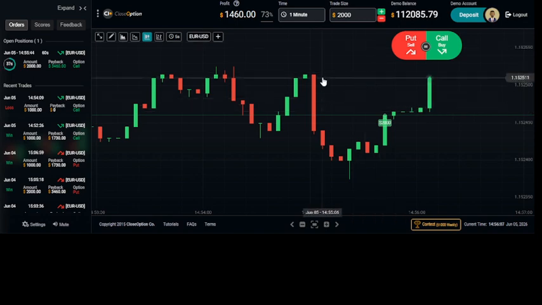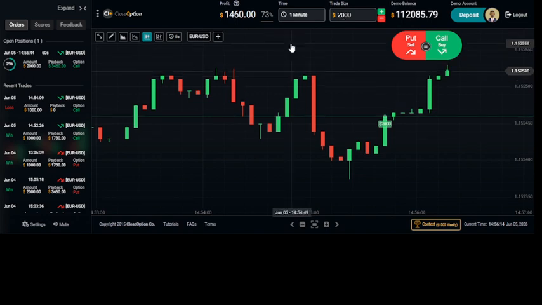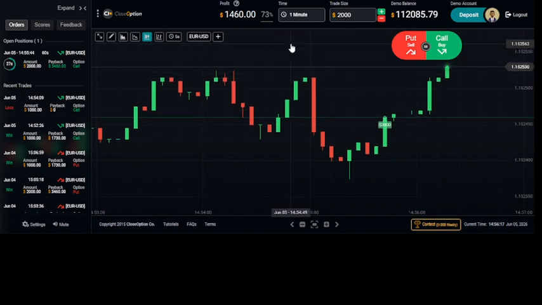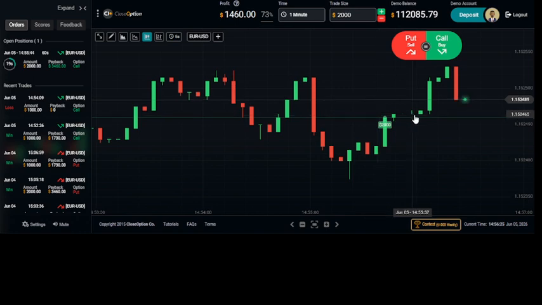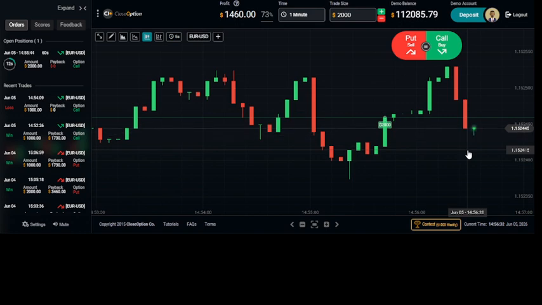So that's the martingale strategy. Now, if the trade wins, we're going to go back to $1,000 and continue trading. So let's monitor this trade. Currently, it's in our favor here. It's pushing upwards. This is the entry price right here.